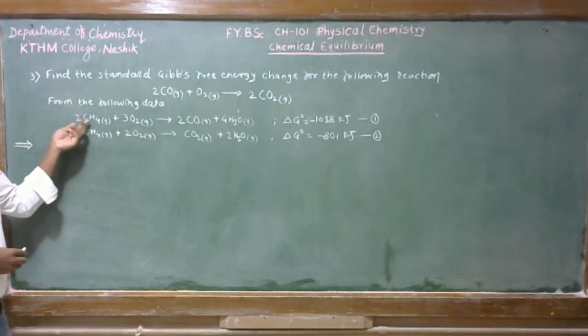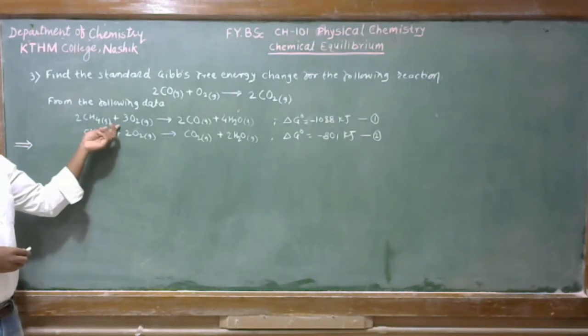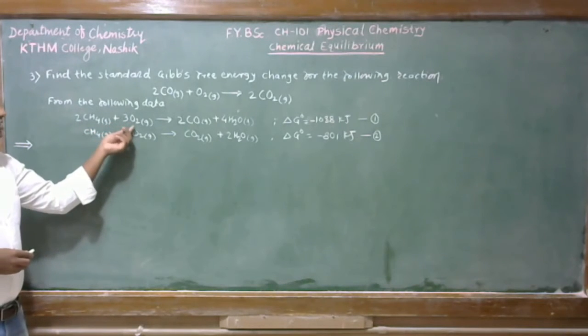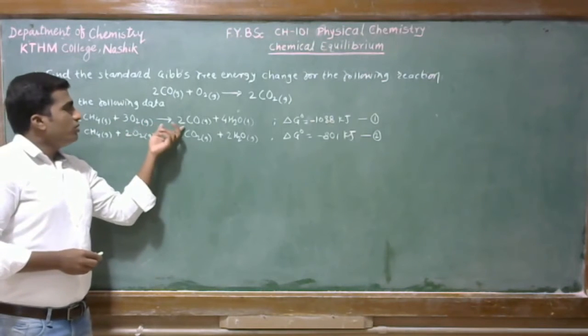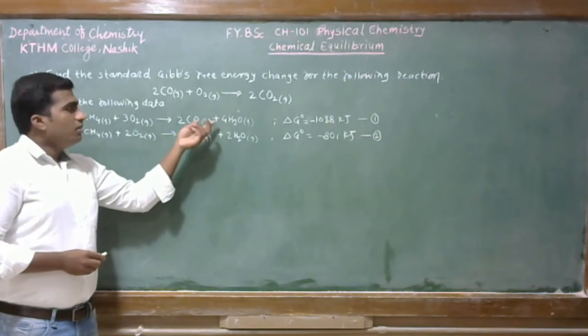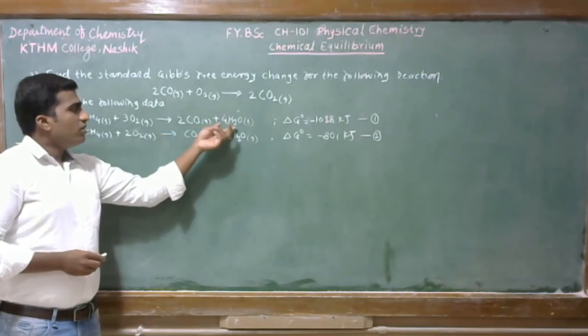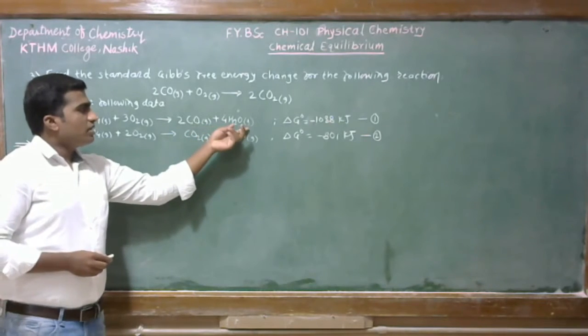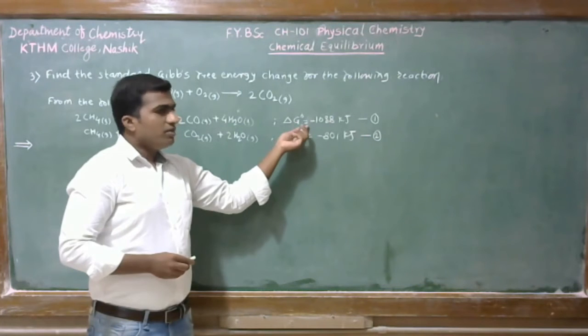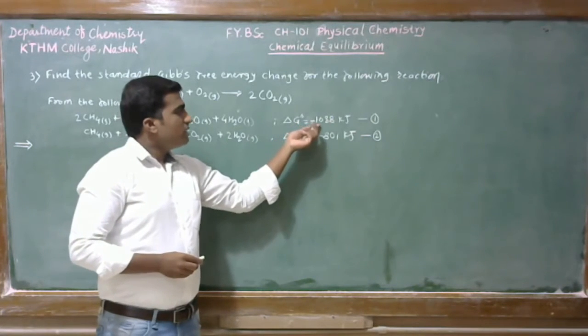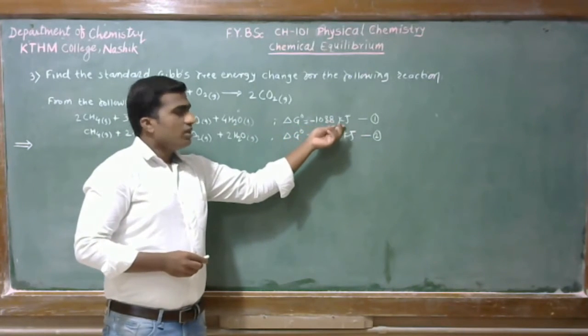First reaction: 2 moles of CH4 gas react with 3 moles of O2 gas, giving 2 moles of CO gas plus 4 moles of H2O gas, and delta G naught is minus 1088 kilojoule.